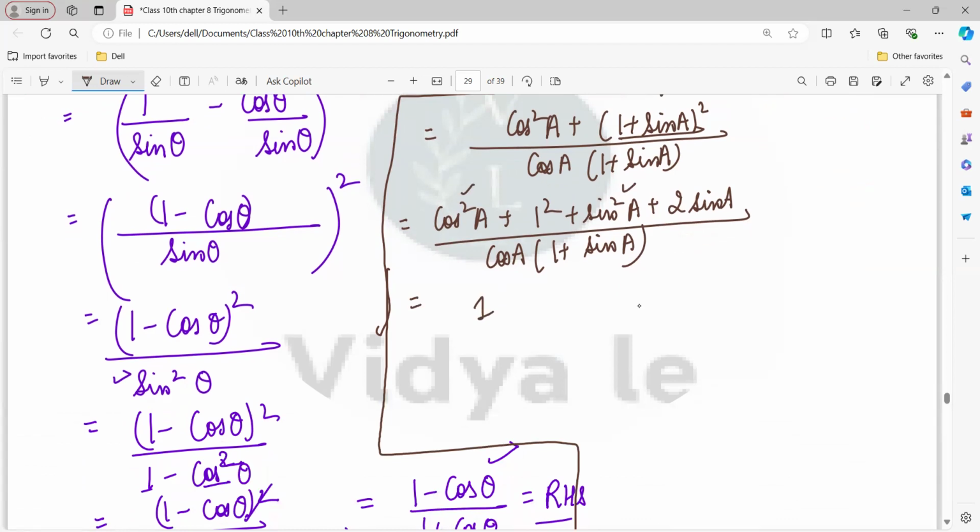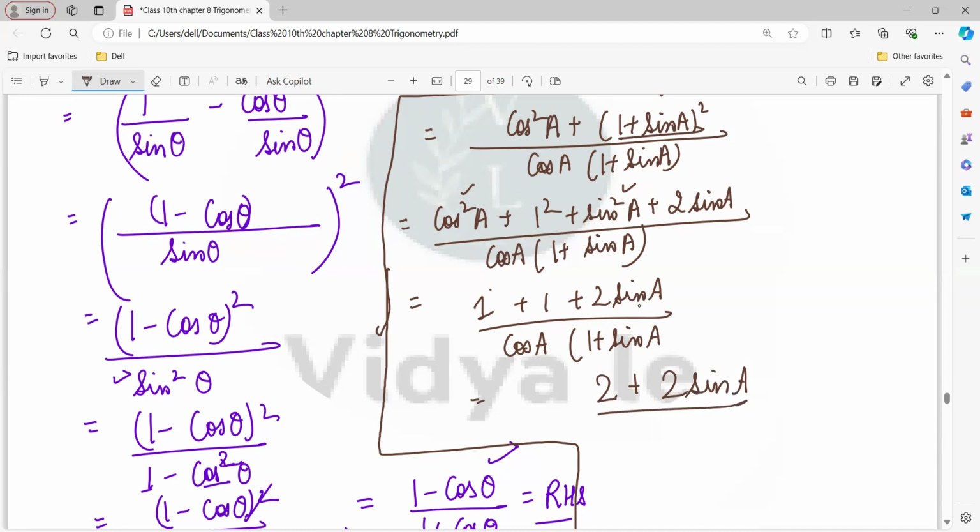So we'll put 1, and 1 square is 1, plus 2 sin A. And in the denominator, we have cos A into 1 plus sin A. Now this 1 plus 1 is 2. So 2 plus 2 sin A upon cos A into 1 plus sin A.